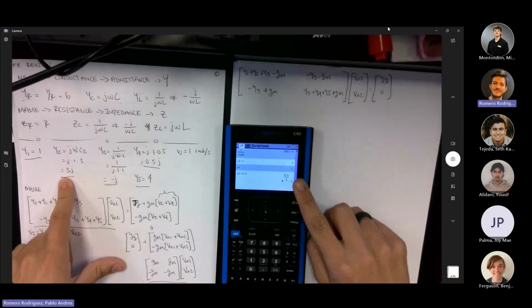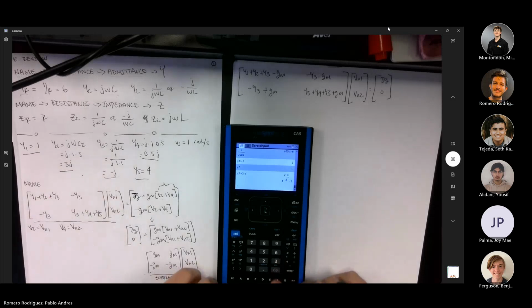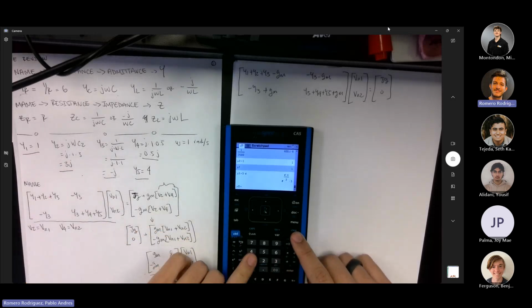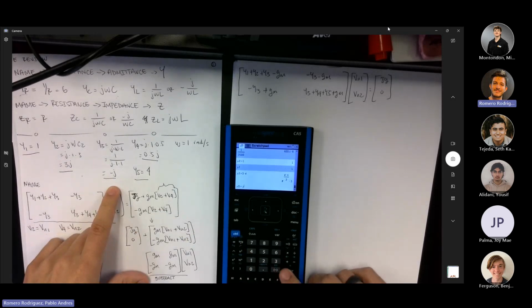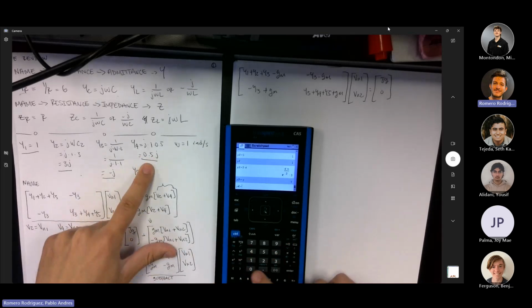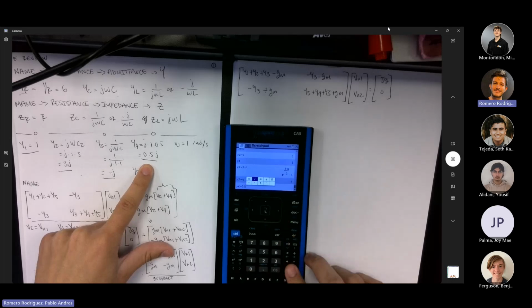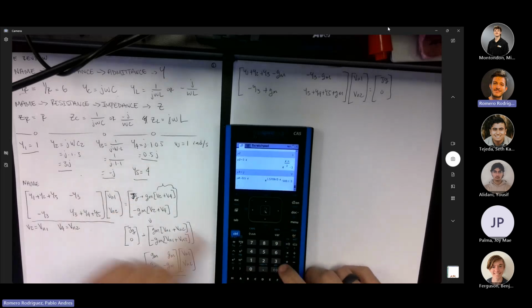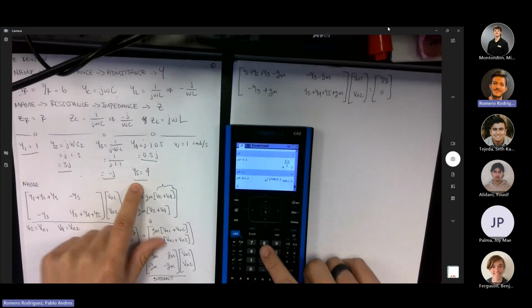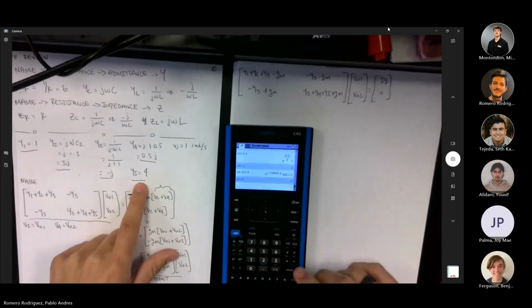Don't worry about this presentation, it's just the polar representation of that. Then you do the same thing for y3, which is just negative j, for y4, which is 0.5j, and for y5, which is 4.